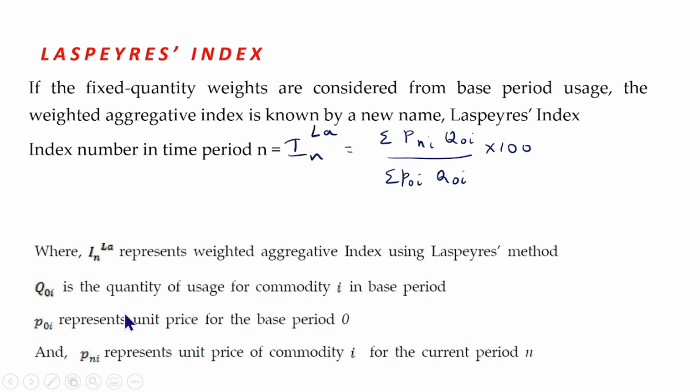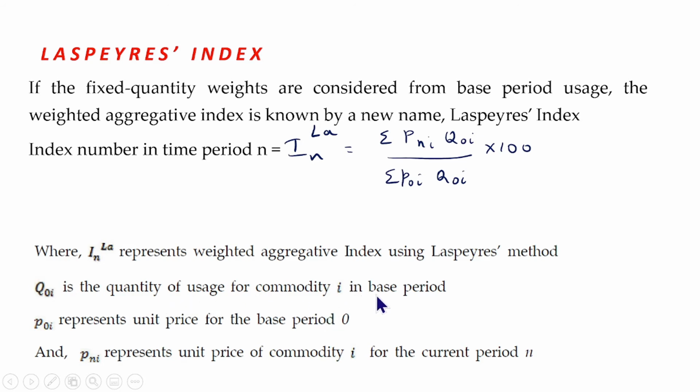Then we have Q0i, the quantity of usage for commodity i in the base period. Then we have P0i, the unit price for base period 0. And then we have Pni, the unit price of commodity i for the current period n.